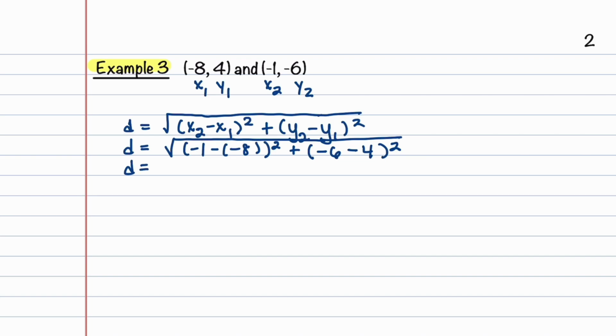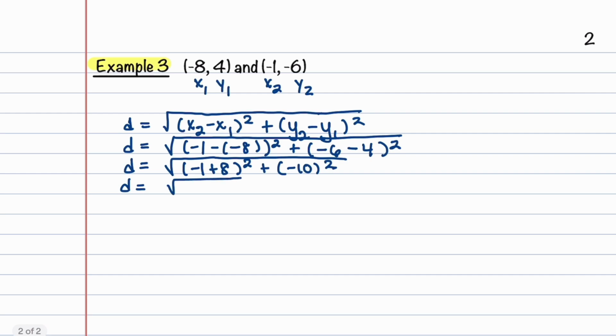Our distance is then the square root of, let's see here, minus 1 minus a negative 8 is minus 1 plus 8, quantity squared. And then we have a minus 10 squared for our second term. We'll simplify our first term again. We have a minus 1 plus 8, which is a 7 squared.